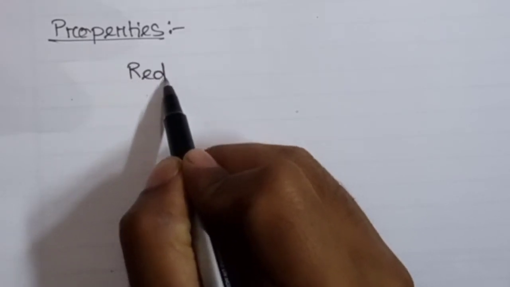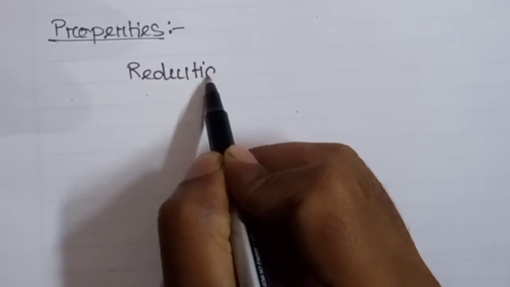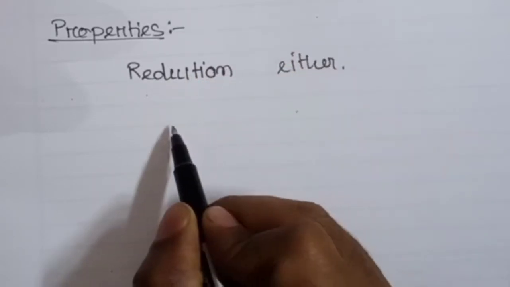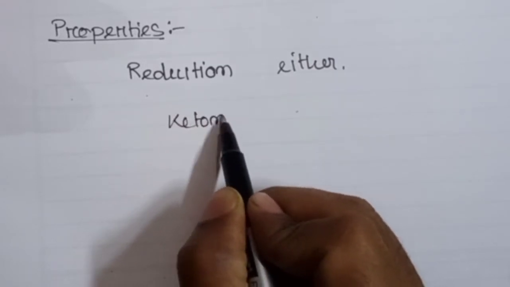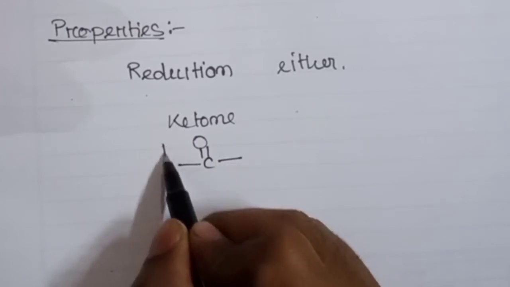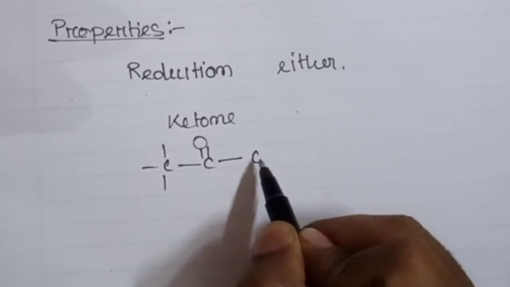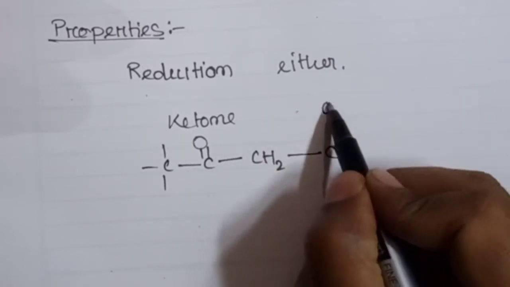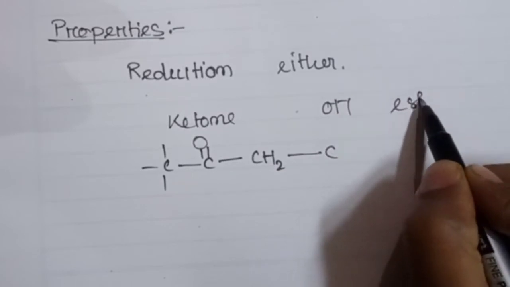Properties of the active methylene group. Active methylene compounds can undergo reduction either on the ketone, that is C double bonded O, the left-hand side carbonyl part, CH2, this one is a ketone, or on the ester.